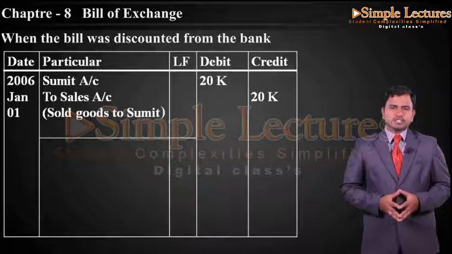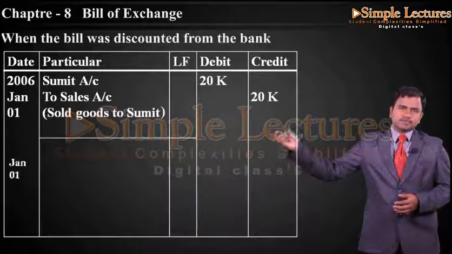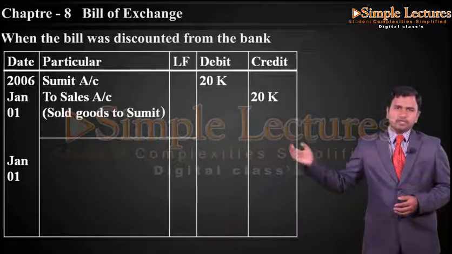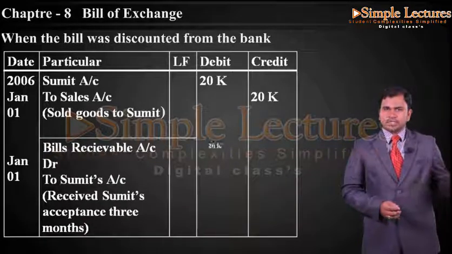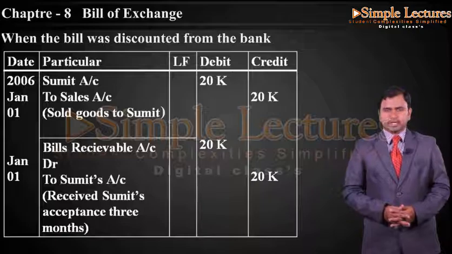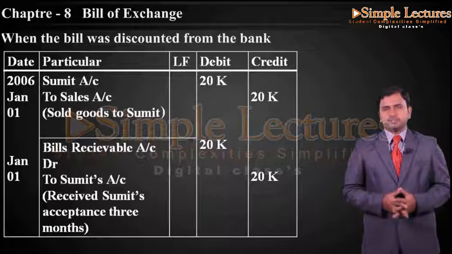The next entry will be for the acceptance of the bill for 3 months. Again Jan 1st 2006: bills receivable account debtor to Sumit account, 20,000 debit and 20,000 credit. Narration: received Sumit's acceptance for 3 months.